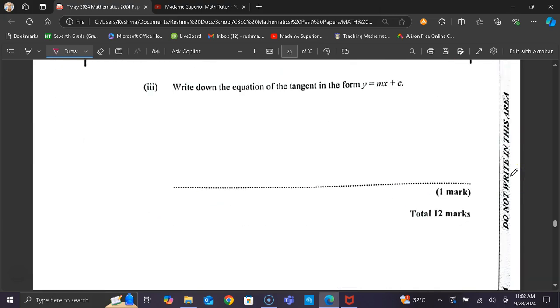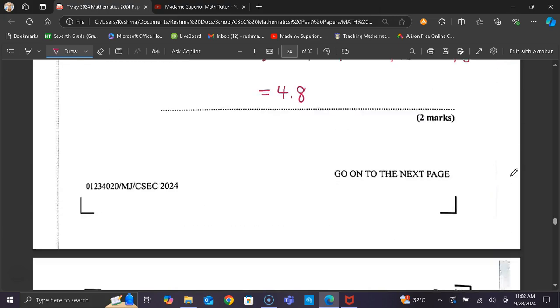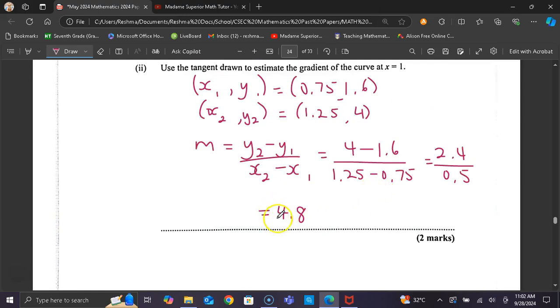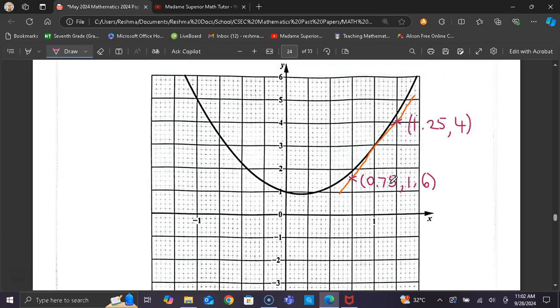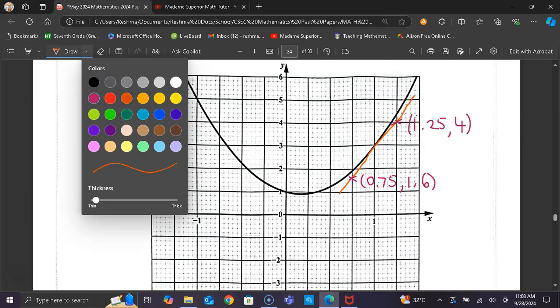So let's look at the last part, part 3. Write down the equation of the tangent in the form y is equal to mx plus c, worth 1 mark. The gradient of the tangent is 4.8, that's the value of m, so we just need to find c. We could do 2 things. We could find c using one of the points, or we could extend the tangent until it meets the y-axis, which might not be accurate, but we could try.